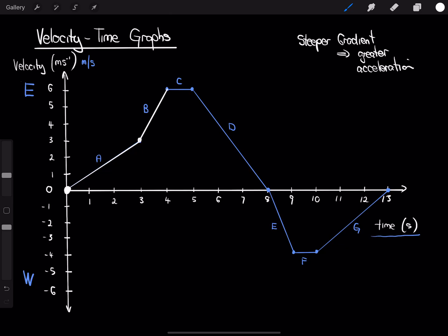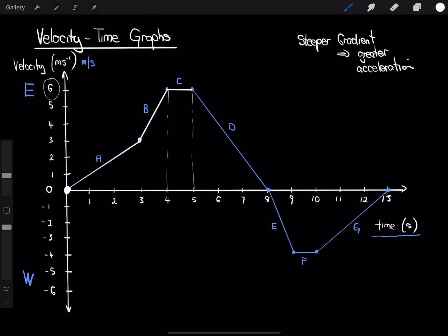Okay, let's have a look at section C. Section C, well, that's flat. And for that entire section, between the 4 second mark and the 5 second mark, the velocity maintained a value of 6 meters per second east. And so its velocity wasn't changing.